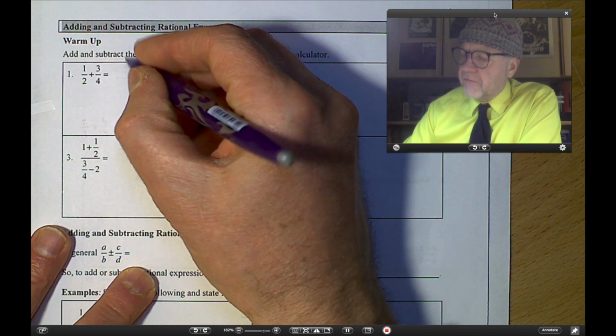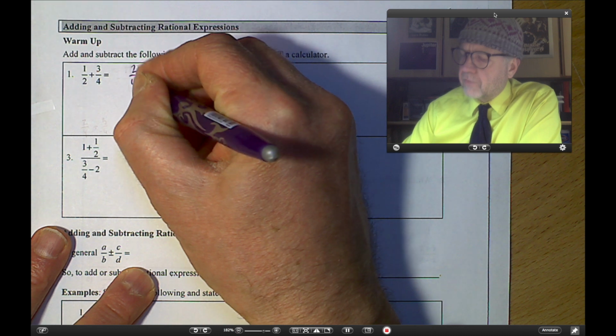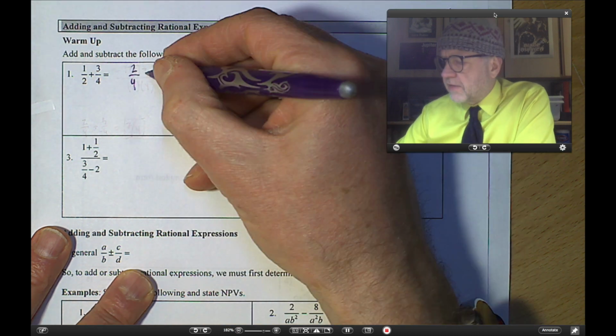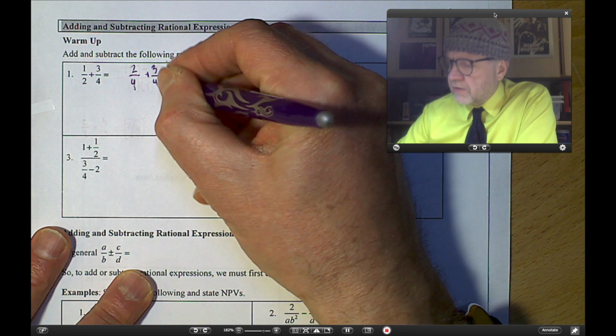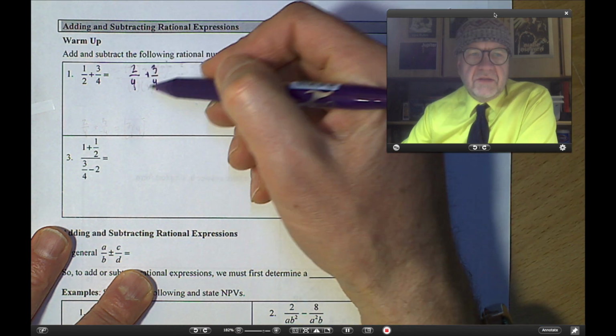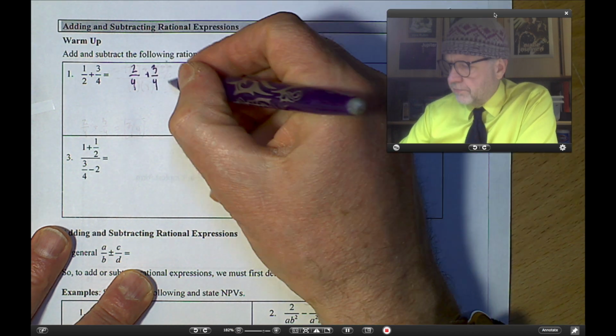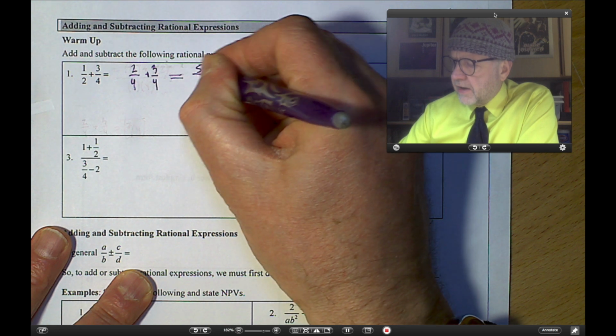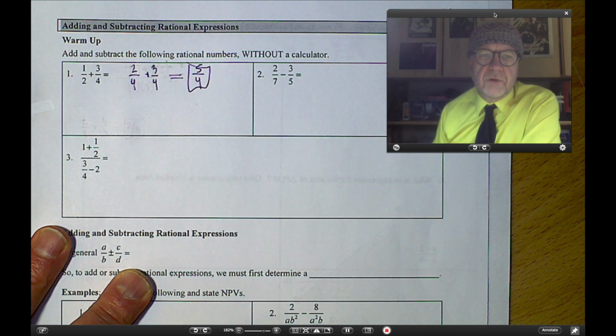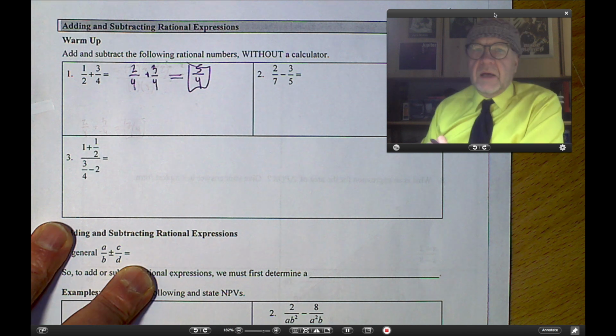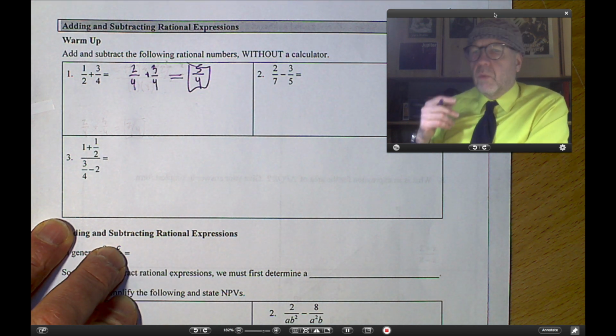Instead of 1/2, we bump it up to something over 4, 2/4. And to that, we're going to add the original 3/4. All right. So, this should be second nature to you. This is going to be 5/4 overall, right? There's your answer, boom.